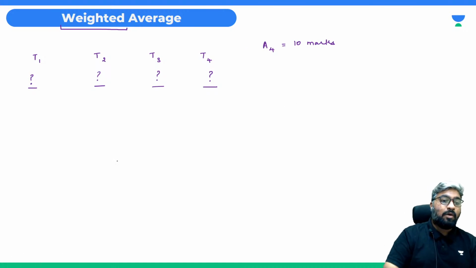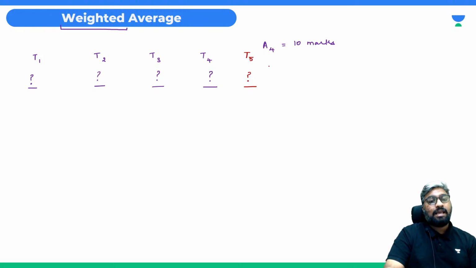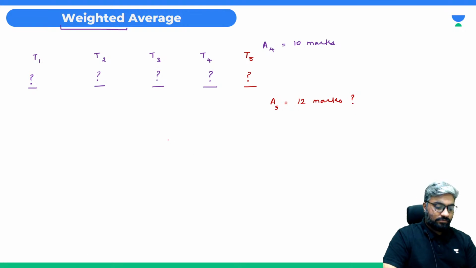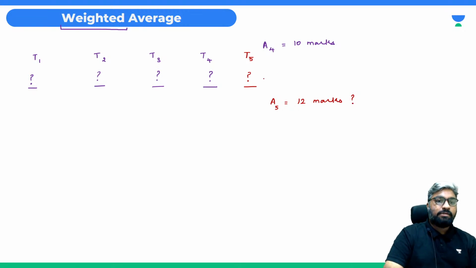ओके. नाउ आई एम सेइंग कि अगर एक नया टेस्ट आप देते हो, you give a new mock test. Yes. How much should you score in this? आपका इसमें स्कोर कितना होना चाहिए ताकि आपका नया एवरेज, ओवरऑल 5 सब्जेक्ट का एवरेज जो है वो 12 मार्क्स हो जाए. Are you able to understand my question? You gave 4 tests in the beginning. उसका एवरेज आपको पता है कि 10 मार्क्स है.